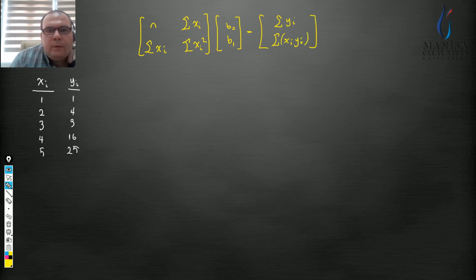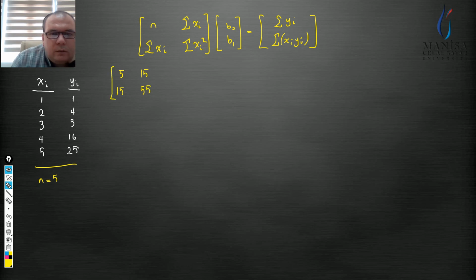So we have 5 data points, so we have our lowercase n equals 5. So we have 5 here, and we are going to find the sum of X points: 1, 3, 6, 10 and 15, and for this sum we have 15, and for the squares we are going to take a sum: 5, 14, 30 and 55.